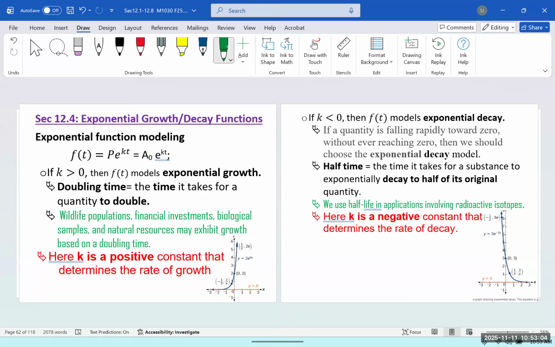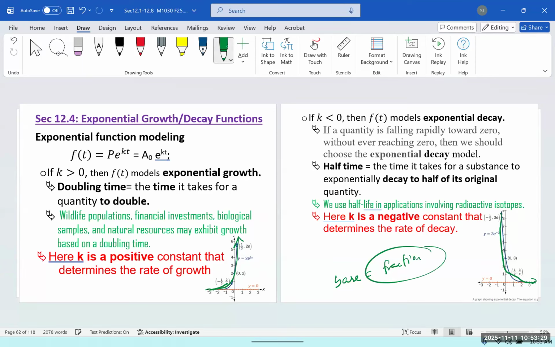So the growth function means it's increasing: when you move from left to right, you're going up. And decay means when you move from the left side to the right side, you're going downward. So in a decay function, our base is a fraction.